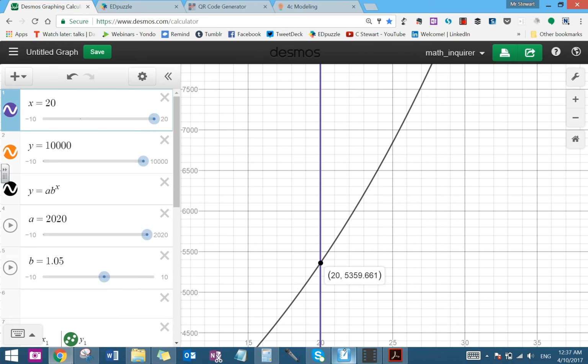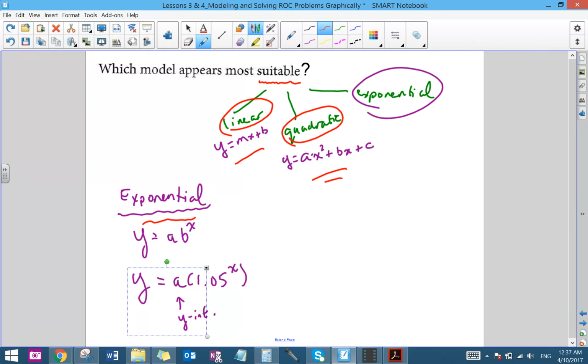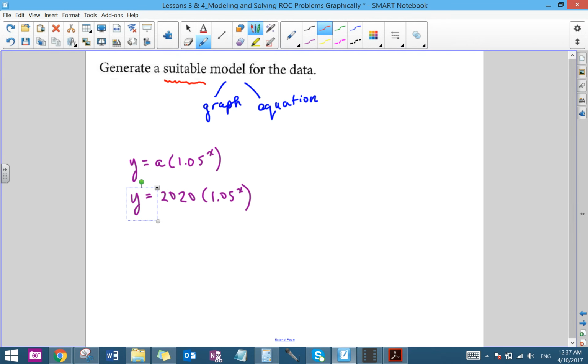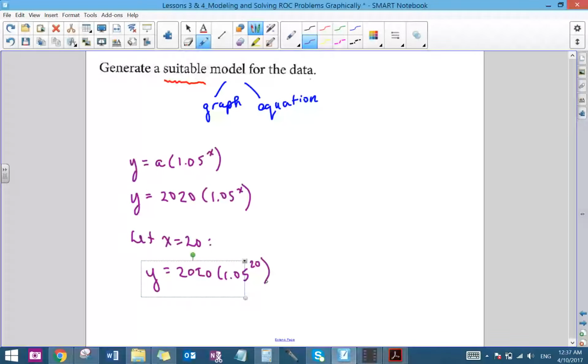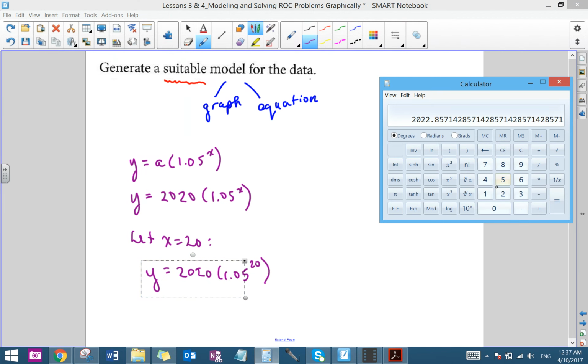With the equation, it's something that's easy to do as well. We can simply take a value here. So if we let x be 20, then we can use the calculator. We'll perform order of operations, of course. We'll evaluate 1.05 to the power of 20, multiply that through by 2020. Let me clear that again.